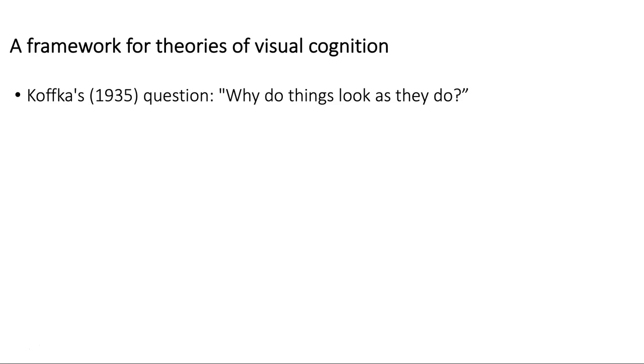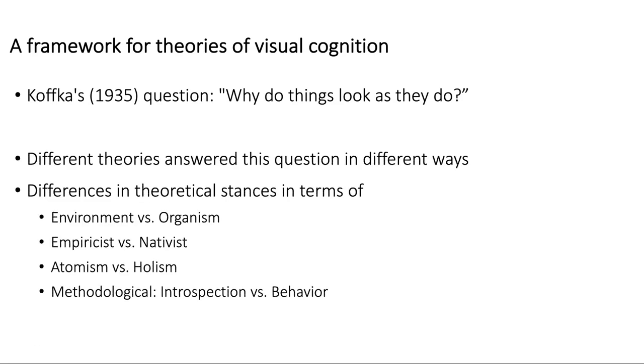There's a very nice question that was asked by Koffka in 1935: why do things look as they do? The way that you answer this question actually gives many clues about your own scientific position in visual cognition research.